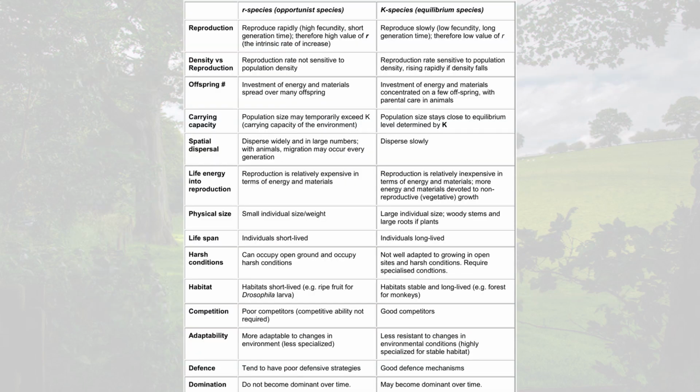So, in case of R strategist species, they usually have very short maturation time, and they often breed at a young age. So, naturally, they will have short lifespan and produce many offsprings very quickly. And they have young with high mortality rates and invest very little time in parental care.